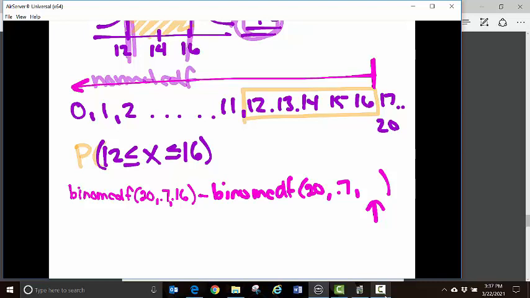I said 16 or 15, but neither would be correct. 11 or 12? 11, because we want to subtract these guys. And then you'd get the middle.